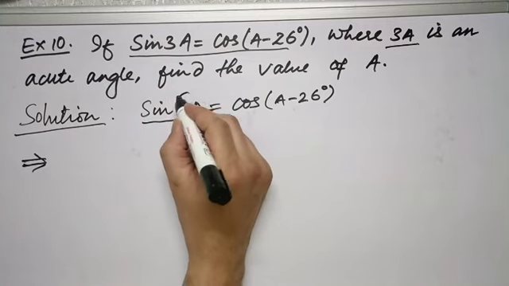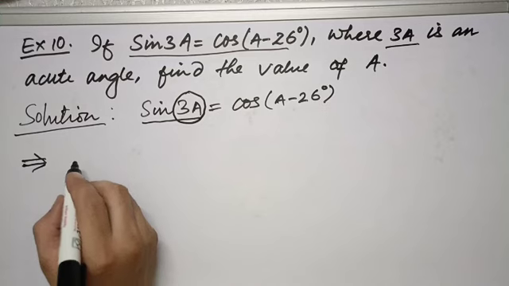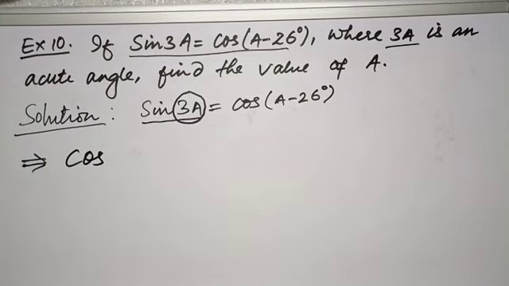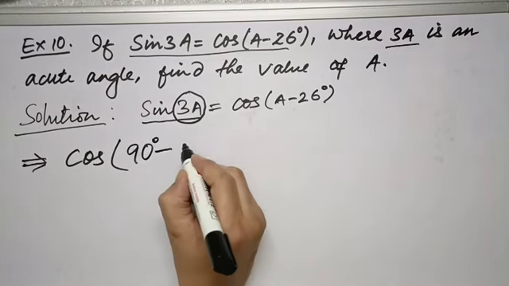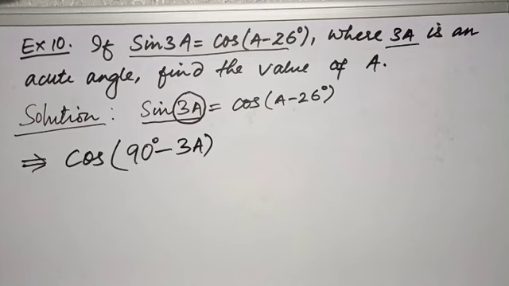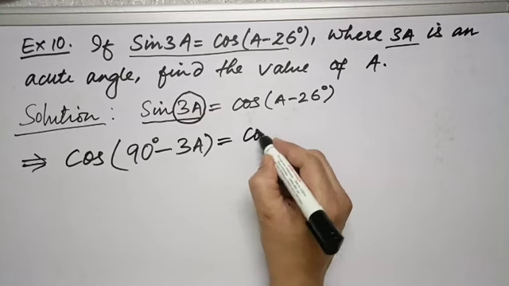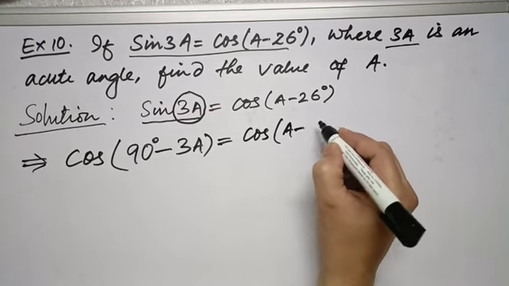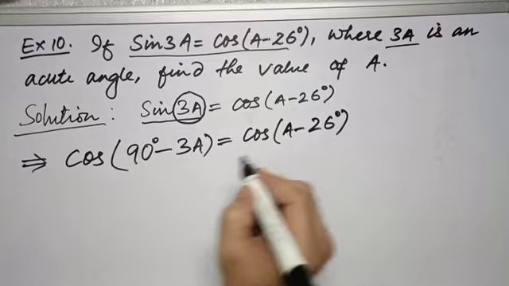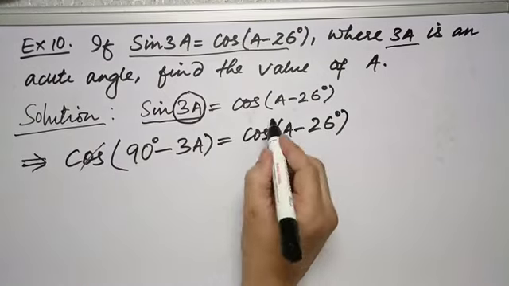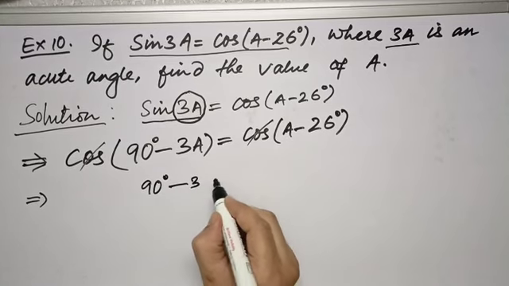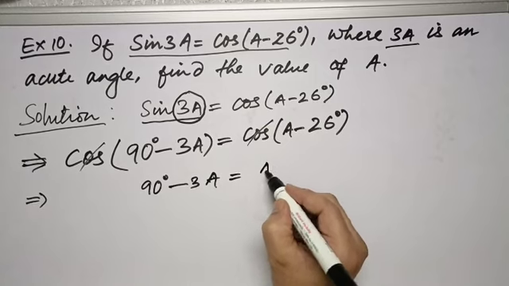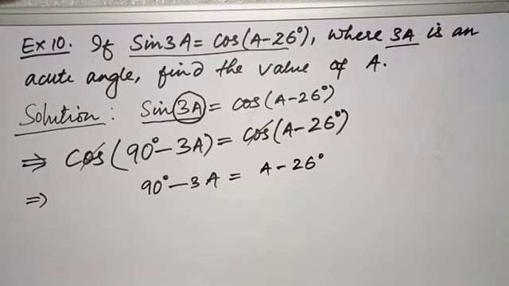That is, we'll write sine 3a as cos (90 minus 3a), where 3a is our angle, like the theta we learned just now. The right hand side will remain the same because we are trying to make the left hand side and right hand side the same ratio. Cos and cos are the same, so you can cancel them out. In the next step you can write it as 90 degree minus 3a equals a minus 26 degree.